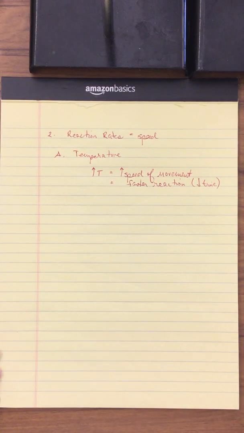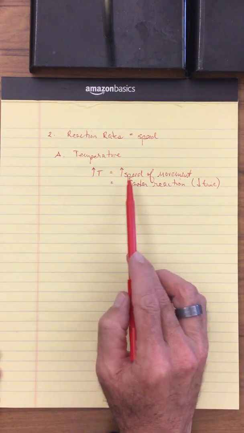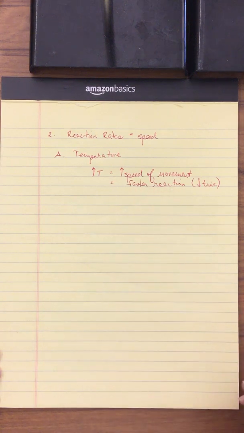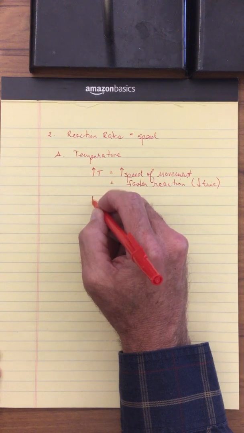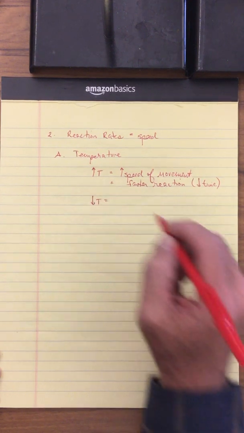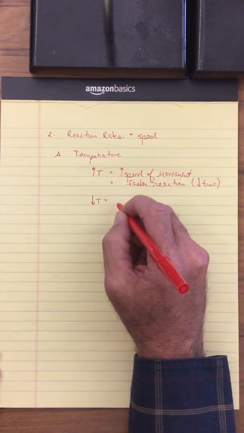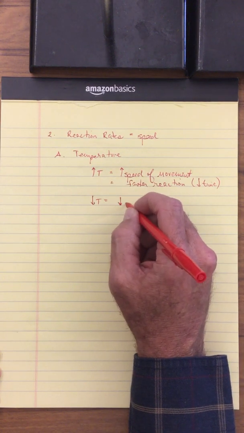Going back to the snake. You increase the temperature, the molecules are moving faster, we have faster reactions. It decreases the amount of time that is needed for that snake to digest its own food. If we look at the reverse of this, if we decrease the temperature, all of that reverses. We are going to decrease the speed of the movement.